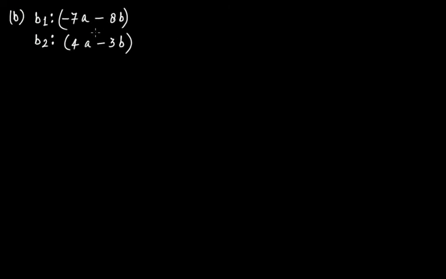Now here you have again two binomials. Binomial b1 is minus 7a minus 8b and b2 is 4a minus 3b. Like we have discussed earlier, it's always good to write them in this fashion. This is minus 7a, so write this as minus 7a within the bracket and plus minus 8b. It's always good practice.